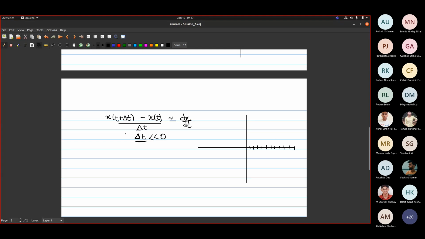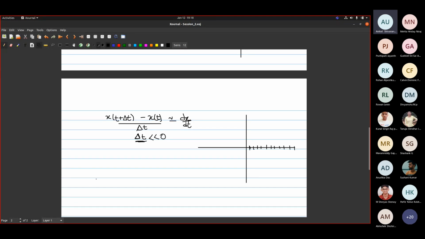Each of these represents the change in the time, and this quantity represents the rate of change of the value that we are trying to find. I'm sure this is very basic stuff. All of you are extremely familiar with it.